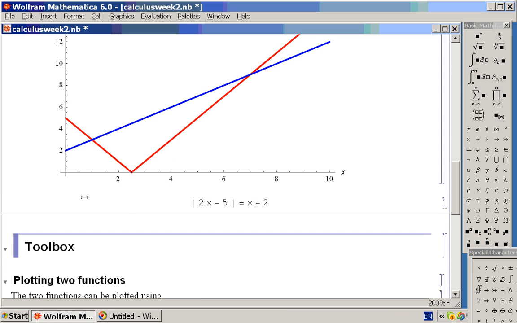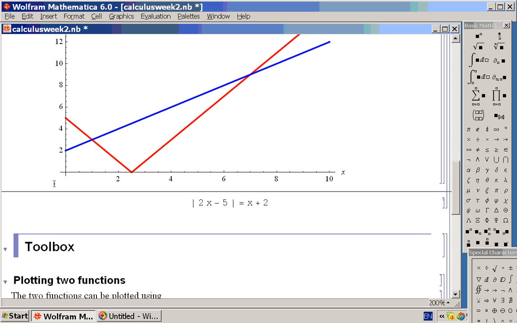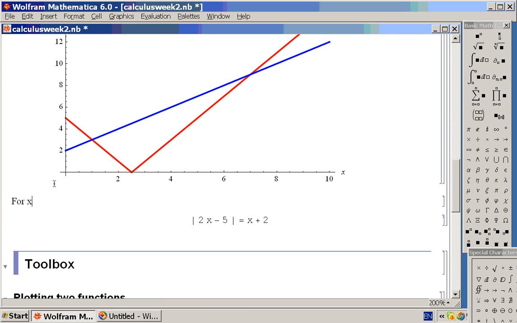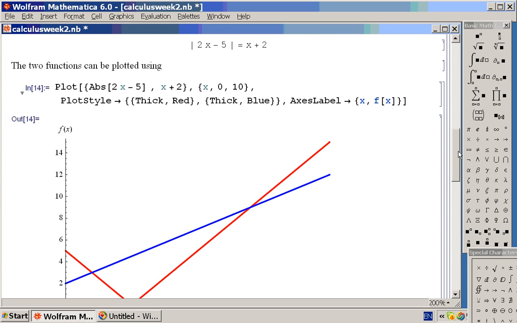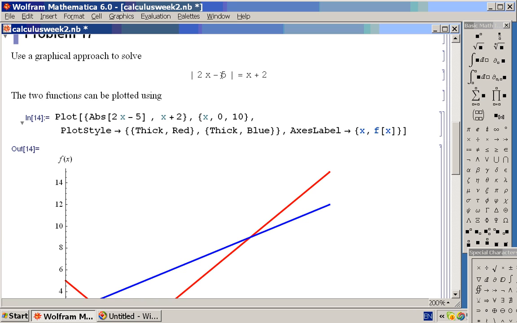So we can write for x less than 5 over 2, this will be just 5 minus 2x, because for x less than 5 over 2, the numerical value of 2x minus 5 is actually equal to 5 minus 2x.